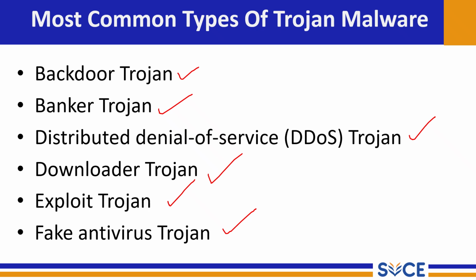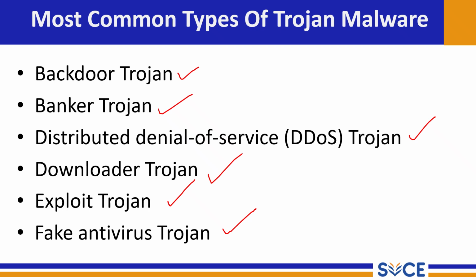Once installed, the Trojan establishes a connection with a command and control server, which is controlled by the attacker. Then botnet formation: the Trojan turns the infected device into a bot, joining a larger network of bots. Then the DDoS attack: the attacker uses the botnet to launch a DDoS attack against a target, overburdening it with traffic.